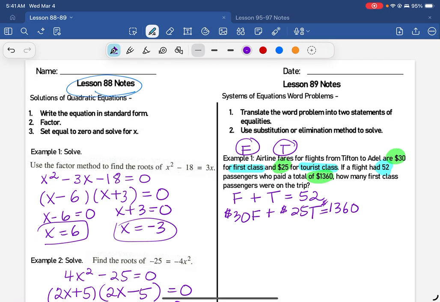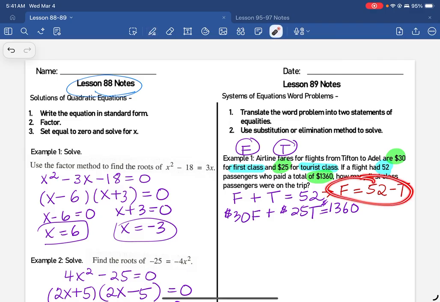Now, if I remember correctly, I think you preferred substitution. So over here, we're going to rewrite this by moving the t over. So first equals 52 minus tourist, right? We're subtracting the t to the other side, which now helps us know what f equals, right?